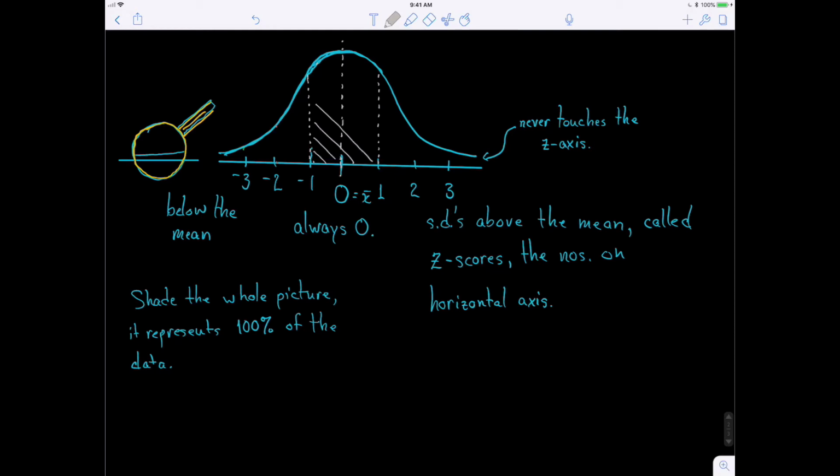You may do a better drawing. If I shade all of this between -1 and 1 standard deviation, it represents 68% of the data. So that's the number we're going to use. Between -1 and 1 is 68%.